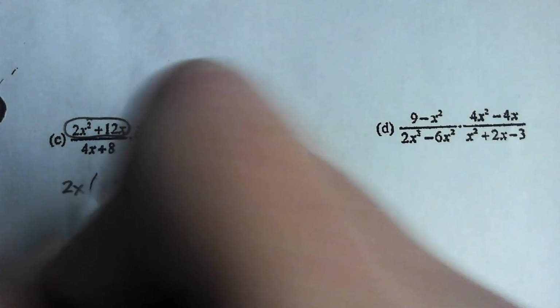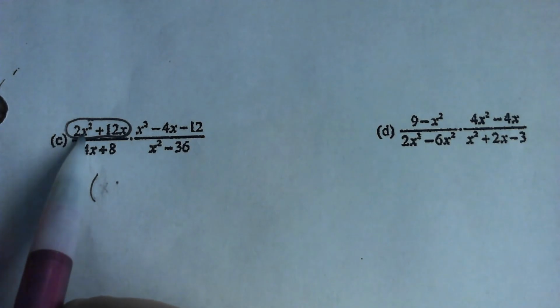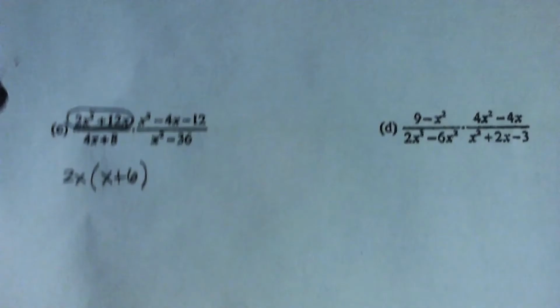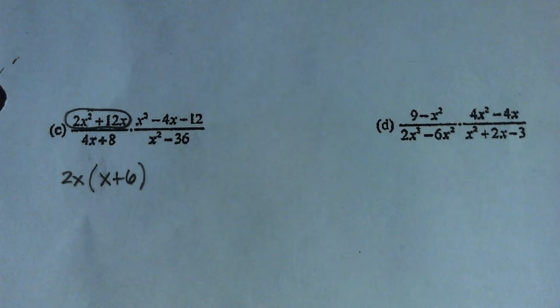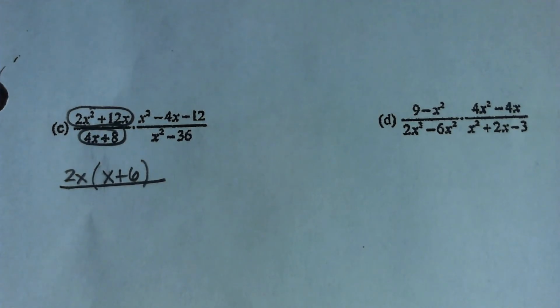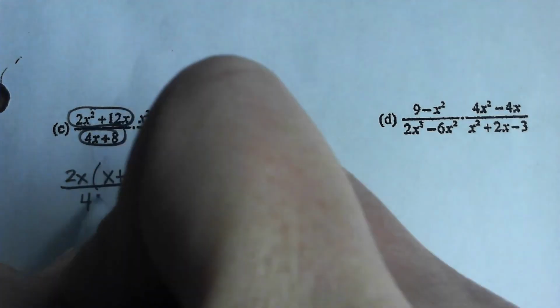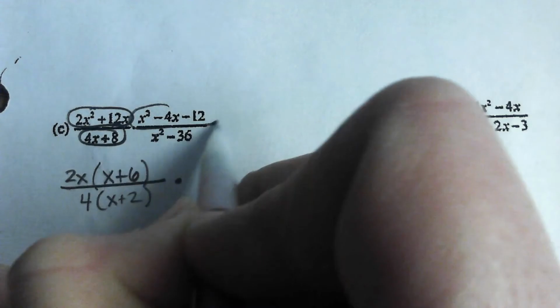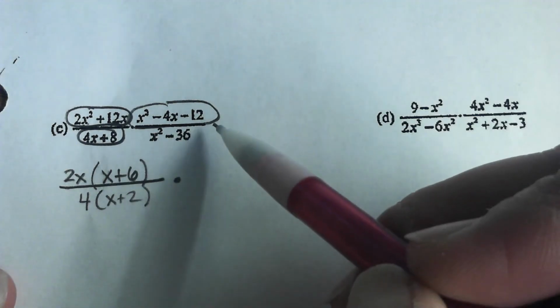And when you take a 2x out of this one, what's left? X plus 6. Over the denominator factors, Chris Brooks. Good. Times over here on the numerator.